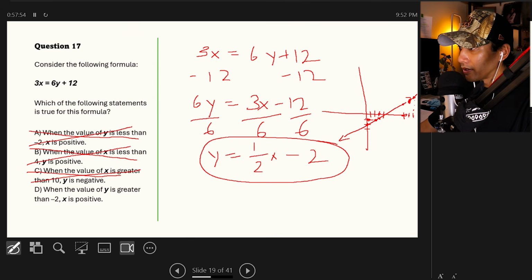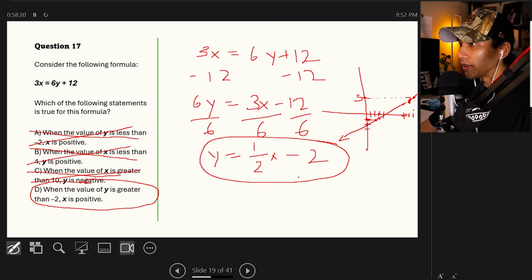If we have -1, it's positive like 2. And if we keep going up, let's just say like 5, this value is greater than -2. Well, if we go to our x value, it's positive, and it's always positive. So D is the correct answer.